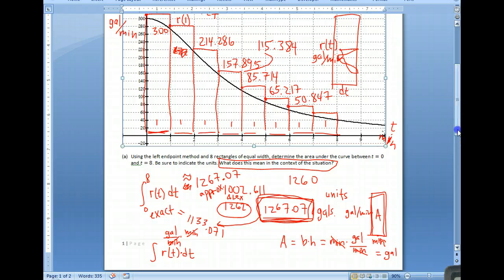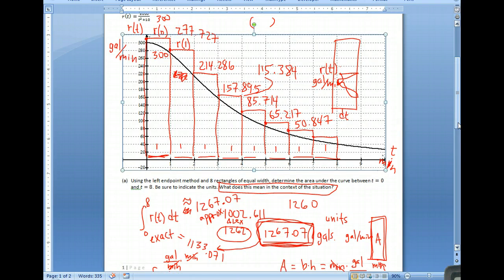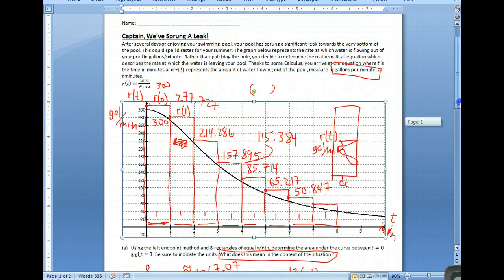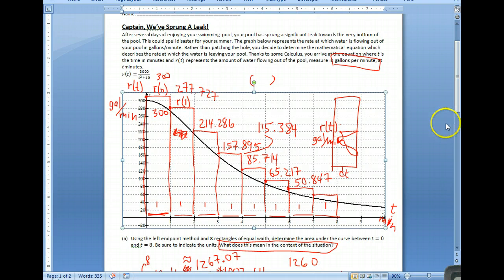So what do you think that means in this context? What's happening in this problem? Water is leaking from a pool. So, from 0 to 8 minutes, what did we just find?